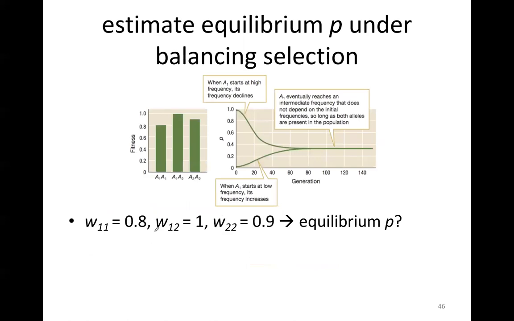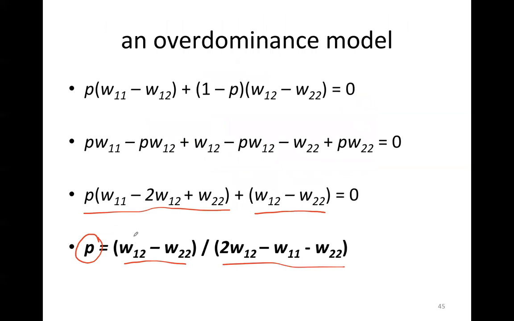For instance, in this case, we had fitness of the 1,1 type 0.8, heterozygote 1, fitness of the 2,2 type 0.9. What would be the equilibrium allele frequency for the A1 allele? Okay, this would be 1 minus 0.9, right?